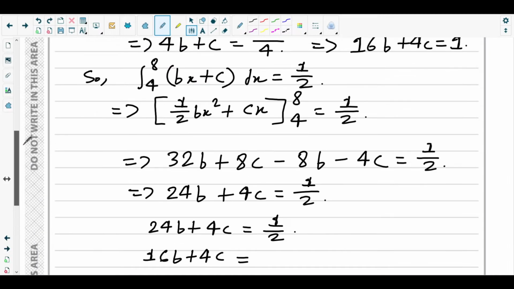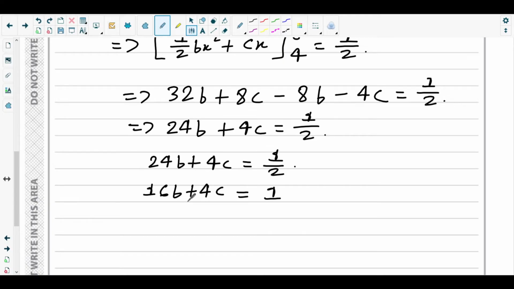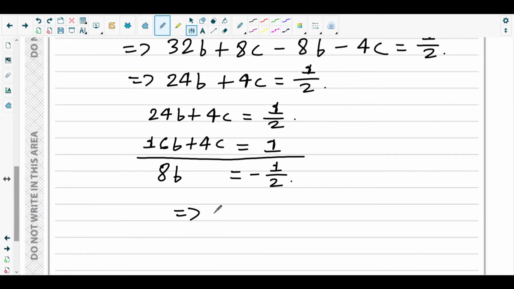So 24b minus 16b is basically 8b, which equals negative half, right? So the value for b is negative 1 over 16. That's it. We got the value for b.